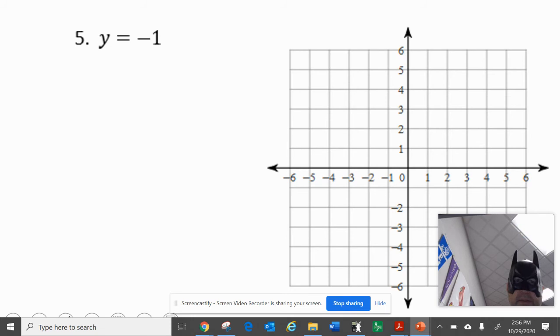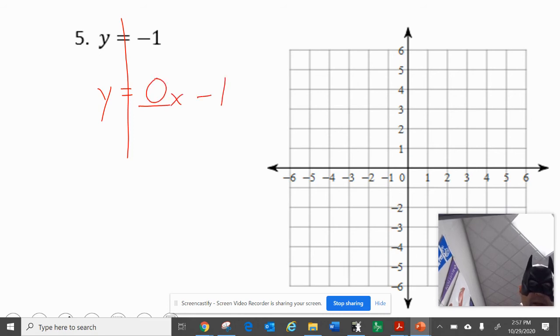Okay, now we're getting into some special cases. Remember, if you're solving for y, it's in slope-intercept form, it's ready to go. Well, this is solved for y. So I have y equals mx plus b. There's my b. That means my slope is 0. That's m, that's why there's nothing there. That's why it's y equals negative 1.